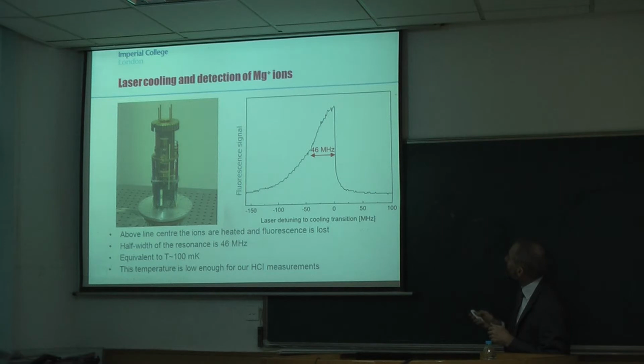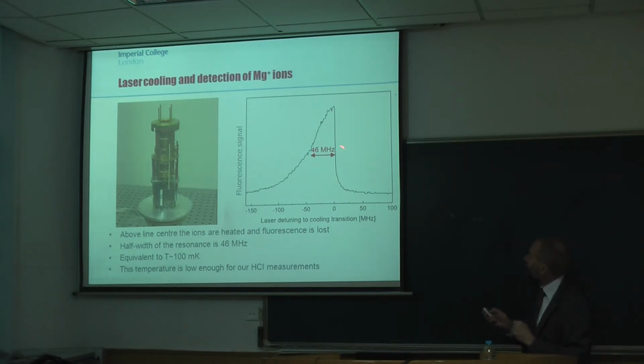But that would be the full width, which would be this line shape here. What happens here is that you only see half the line shape, because here you're laser cooling, but once you reach the middle of the transition, if you go any higher, the interaction between the laser and the ions just makes them heat up and fall out of the trap. So you only see half the line shape.